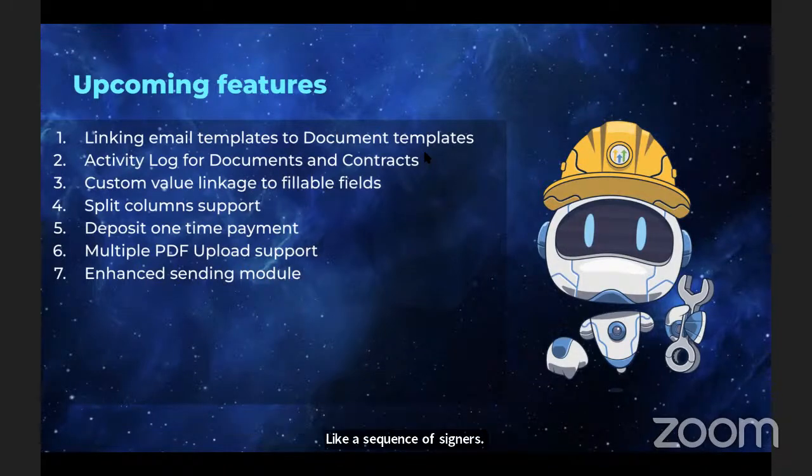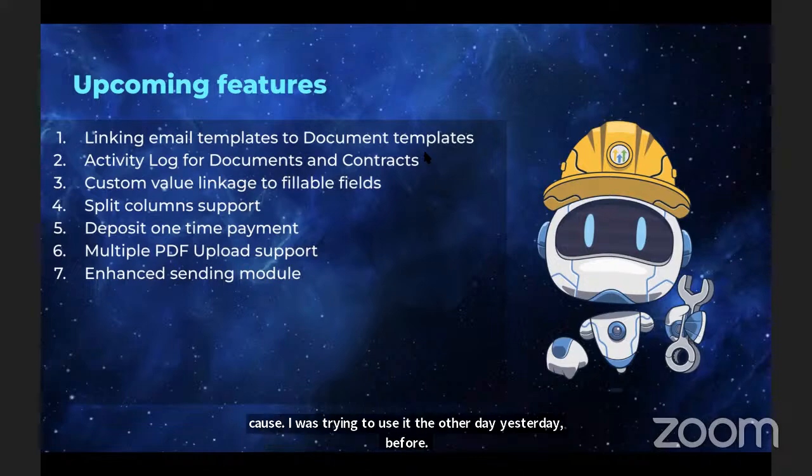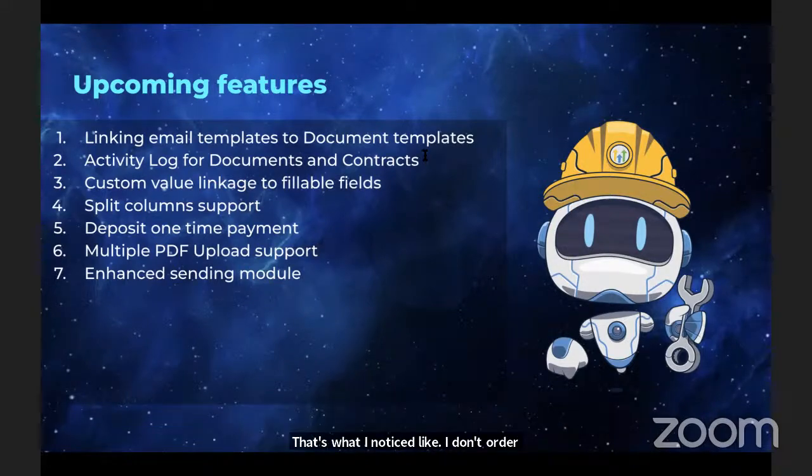That's just feedback from what I experienced because I was trying to use it yesterday, the day before. If I don't put them in a certain order when I'm adding them, I have to go back and add that, change the order, and then disable the sequence of signatures so that everybody can sign it at once, and we're not waiting on one person. Does that make sense?